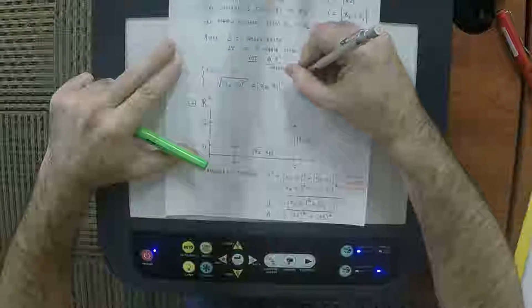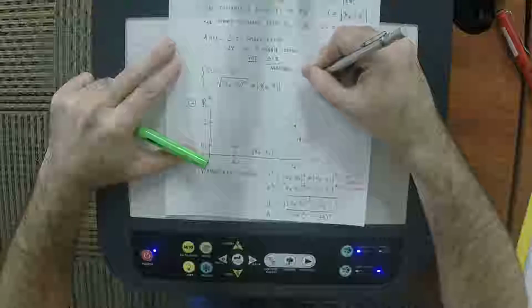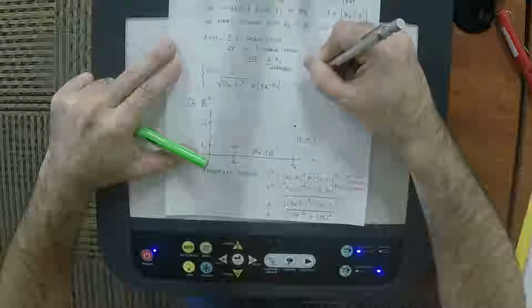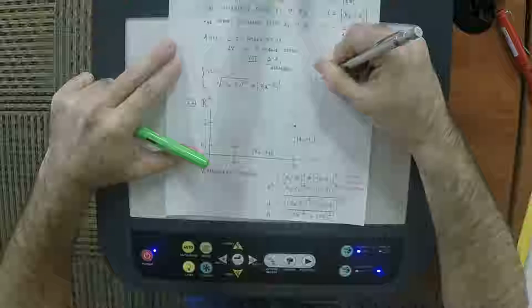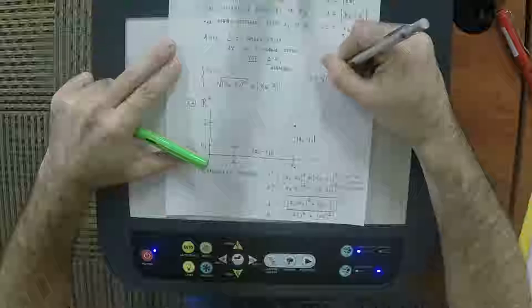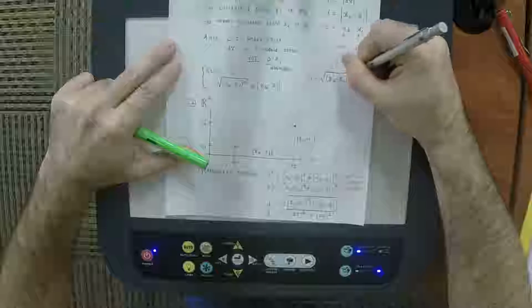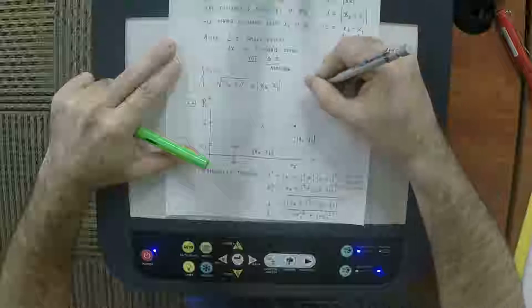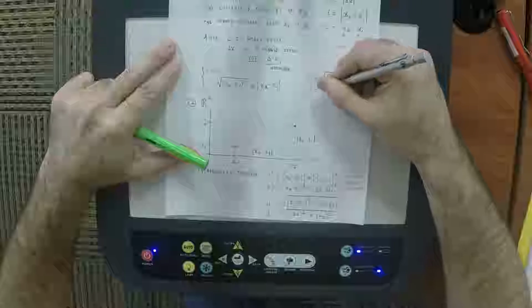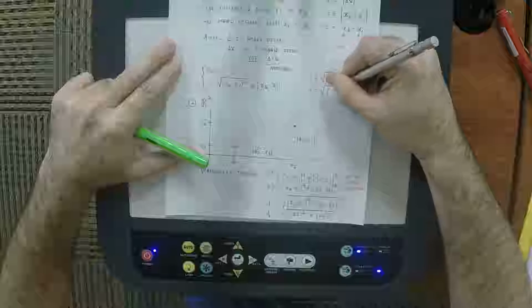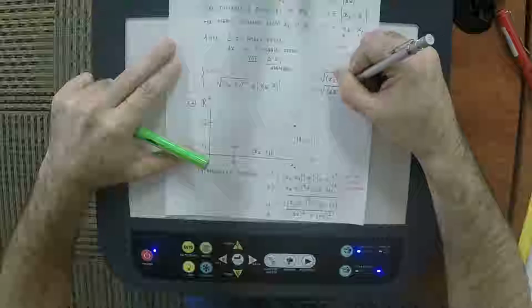So, as a result, the one-dimensional distance formula can be written as square root of x2 minus x1 squared. Or, if you like, the square root of the change in x squared.